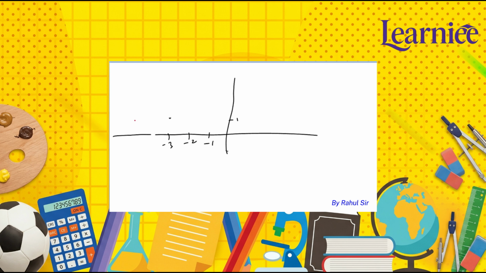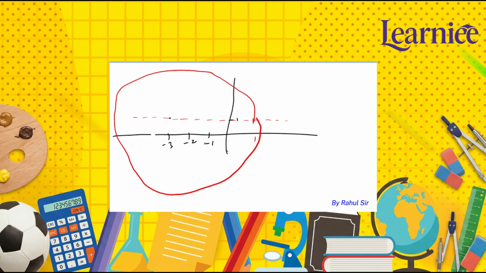It is an approximate circle. The center is here and this distance is 4, and this is the origin. Now they are saying pi by 4.